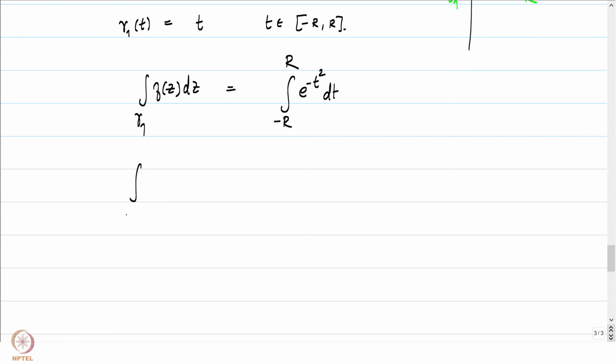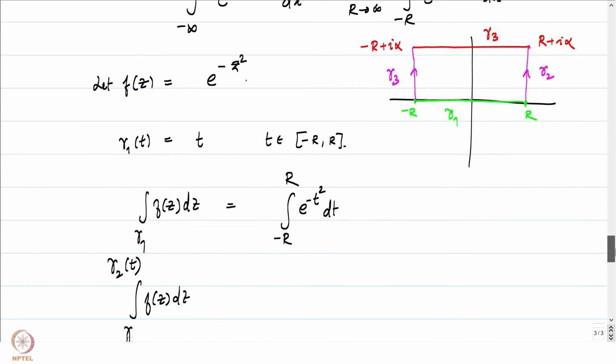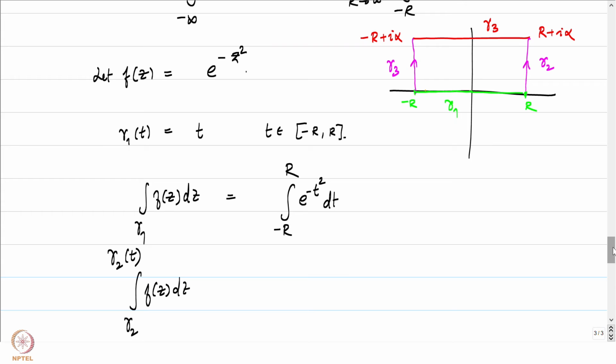Integral over gamma 2 of f of z dz. Okay, what is gamma 2? Gamma 2 of t, that's the straight line path which connects r to r plus i alpha. So this is just going to be equal to r plus i t, where t belongs to 0 comma alpha.